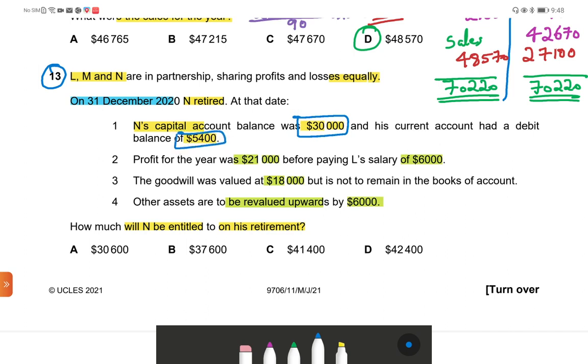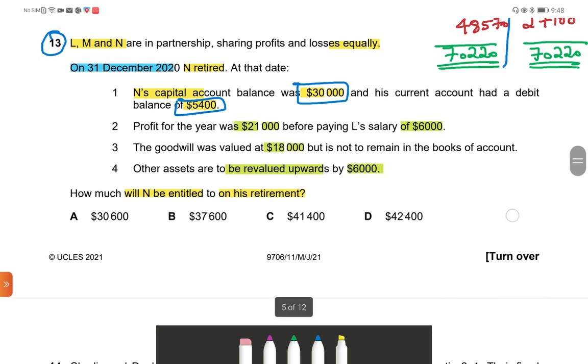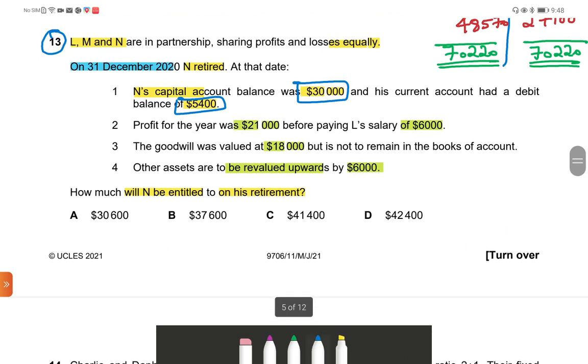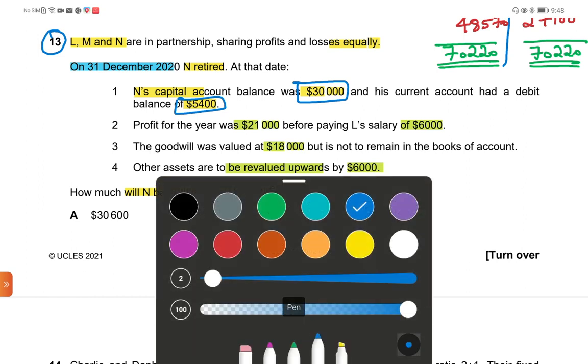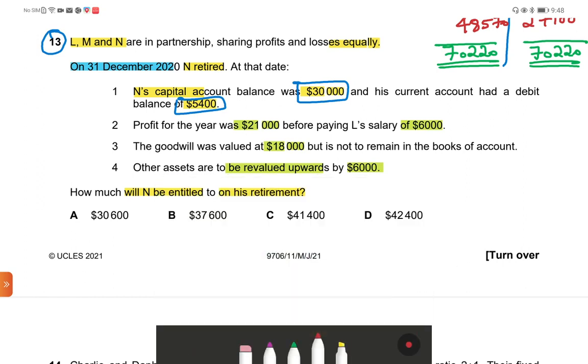So the amount of N is 30,000, his capital account, and the debit balance of the current account means he owes money to the business. So the debit balance we always deduct from the capital account.